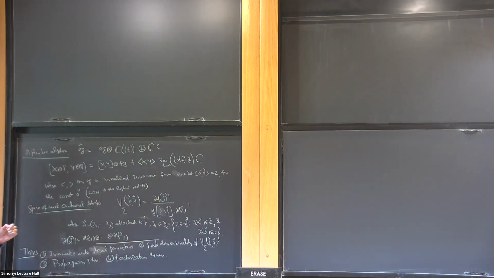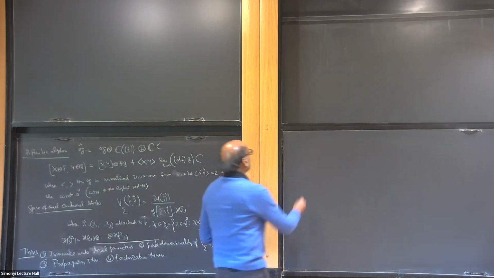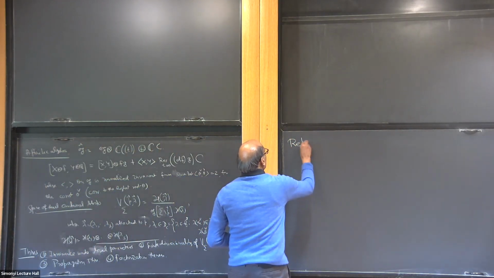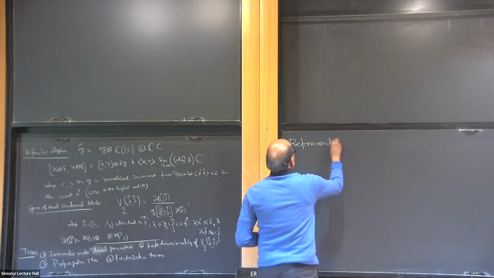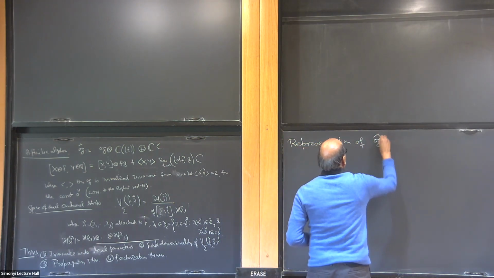So I will start with a very brief discussion of representations of the affine Lie algebra G hat.